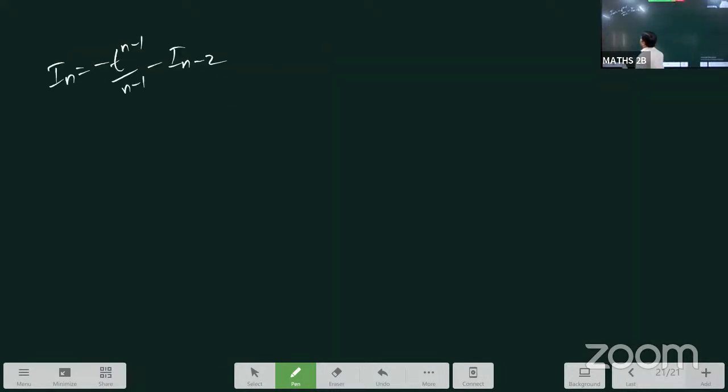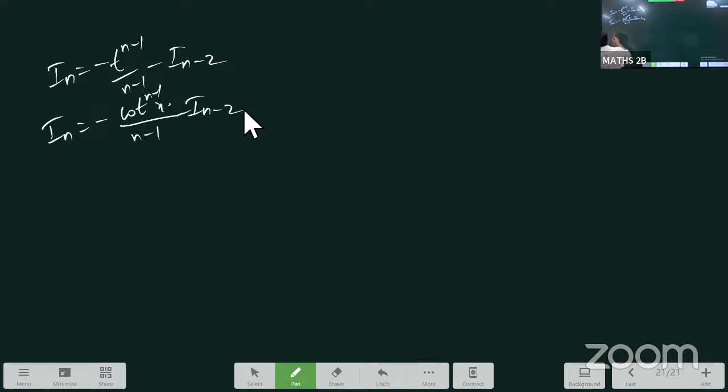Is it clear? Now In is equal to minus, as it is, what I consider t as cot x. So cot to the power n minus 1 x by n minus 1, minus In minus 2.